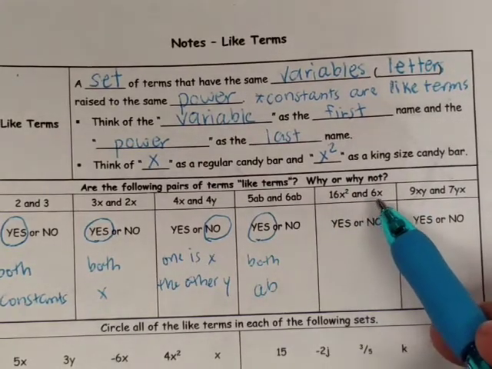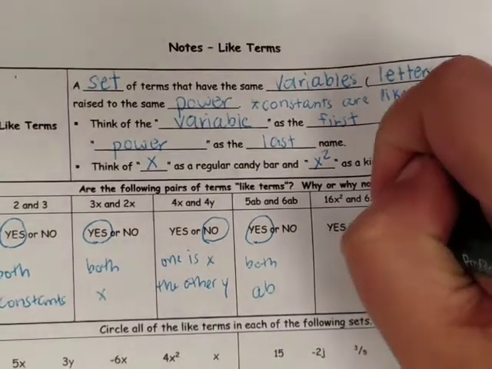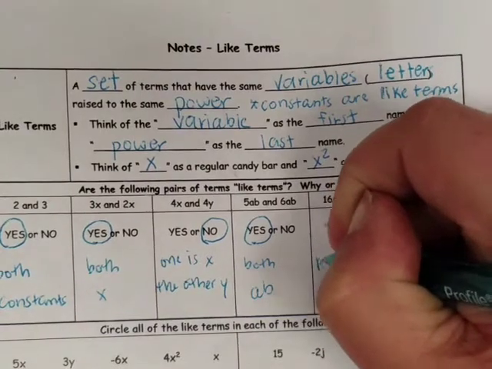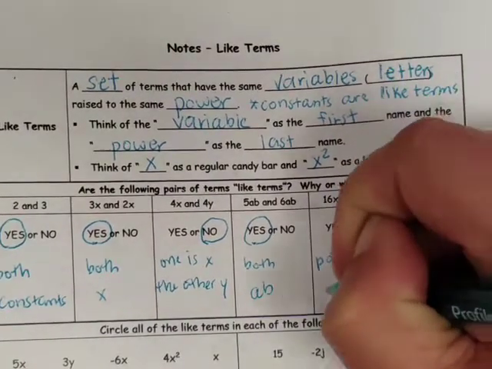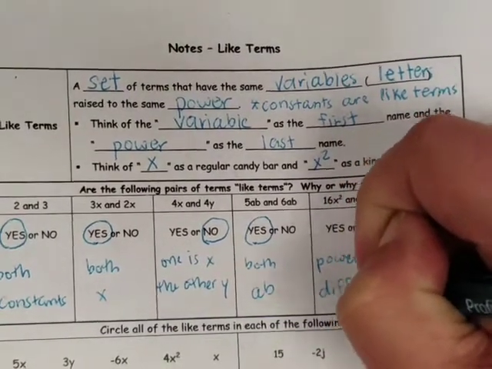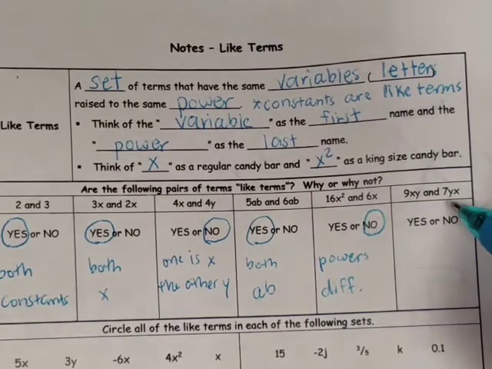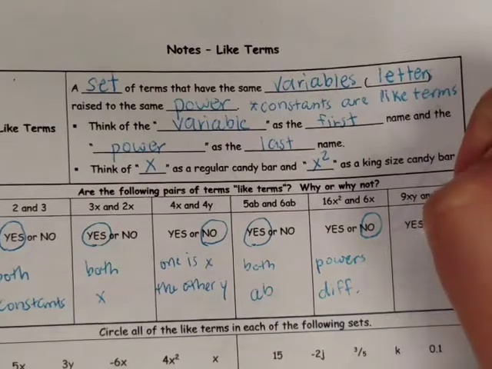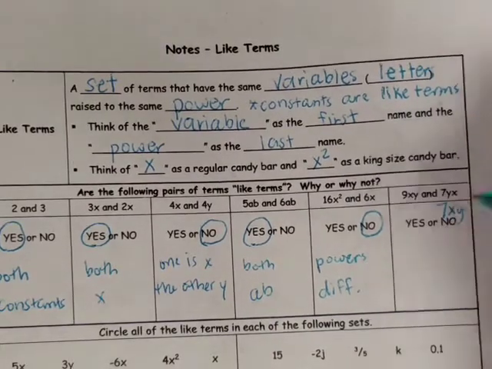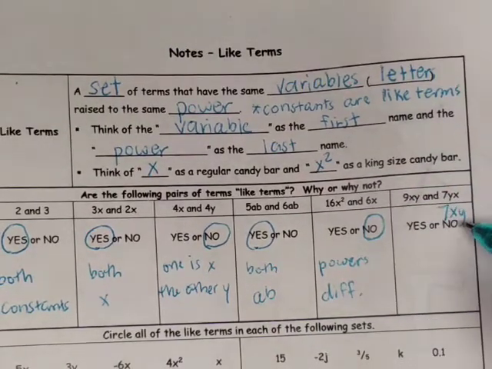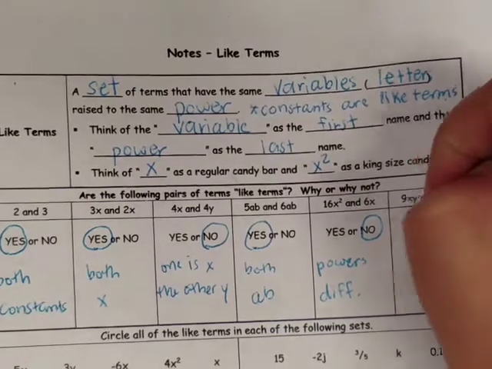This has x squared and that has x. So no, they are not the same, because their powers are different. Nine xy, 7yx. Because of commutative property, we can actually rewrite this as 7xy. So therefore, 9xy and 7xy are the same. They have the same variables.